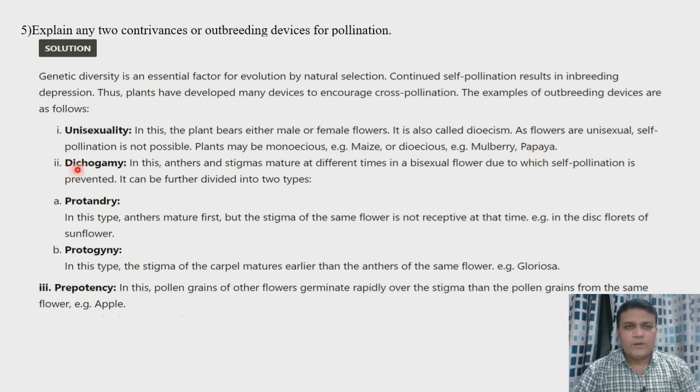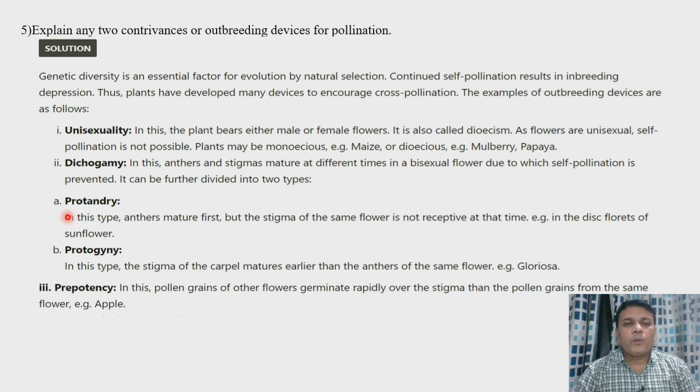Then the second contrivance of pollination is dichogamy. Dicho means two, gamy means condition. In this, anthers and stigmas mature at different times in a bisexual flower, due to which self-pollination is avoided or prevented. And it is of two types.